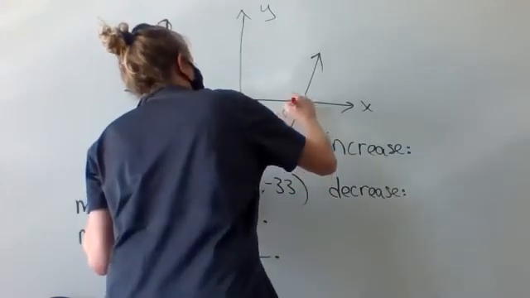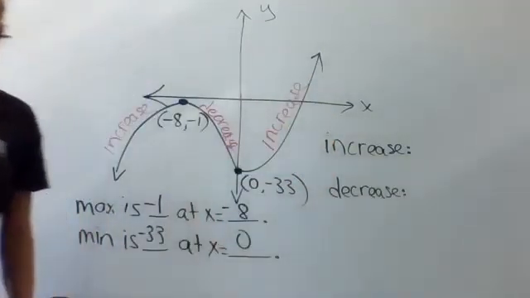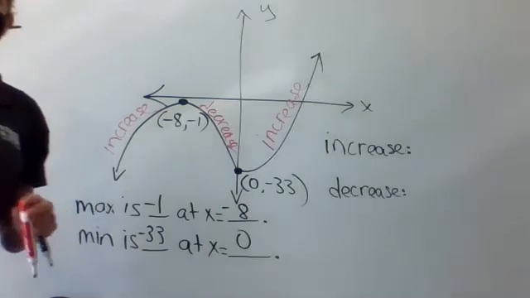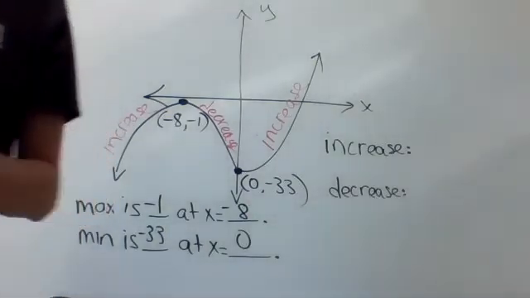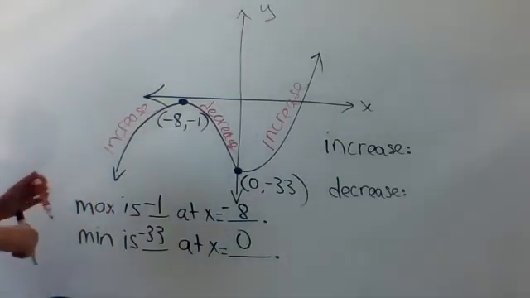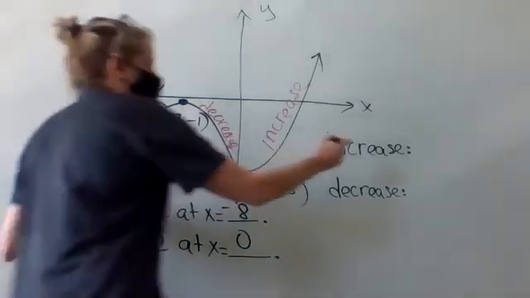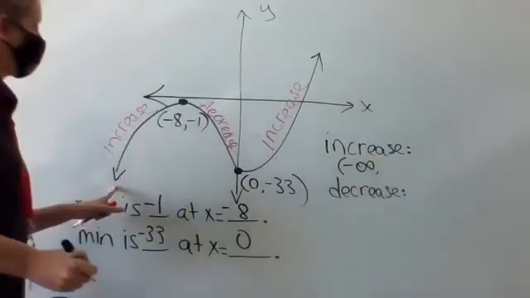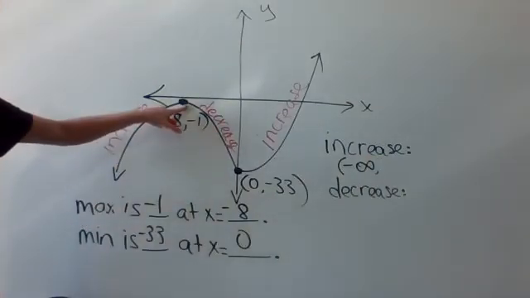So there's going to be 2 increasing intervals and 1 decreasing interval. Remember, when you're talking increase and decrease, we're going to use the x coordinates. So let's see, if the arrow is going to the left, where does that mean my increase is starting? -infinity.